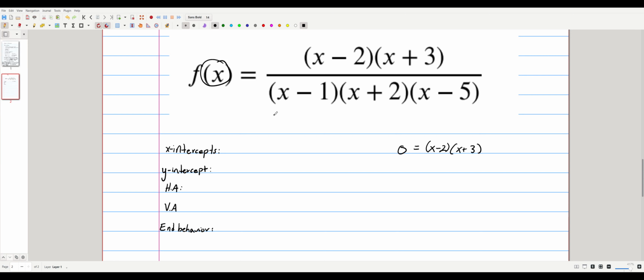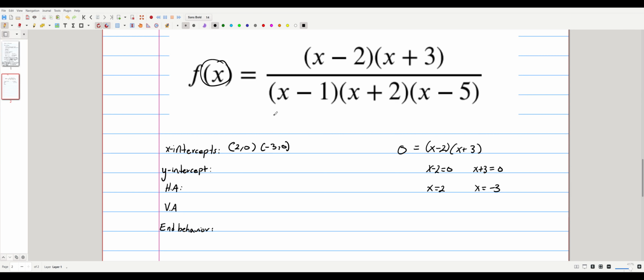And so all we have to do is take inside of the binomials and set them equal to 0 and solve for x. And so x minus 2 equals 0 gives us that x equals 2 will be a solution for an x-intercept, and solving this one, subtracting 3 from both sides, gives us x equals negative 3. So our x-intercepts are the points 2, 0, and negative 3, 0.